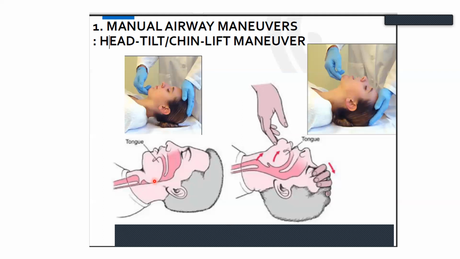You see, in this unconscious patient without the airway maneuver, the tongue has fallen backwards, blocking the oropharynx here. So when we do the airway maneuver, we open up the airway at this area so that the patient can breathe better. The first maneuver we will learn is the head tilt chin lift maneuver.